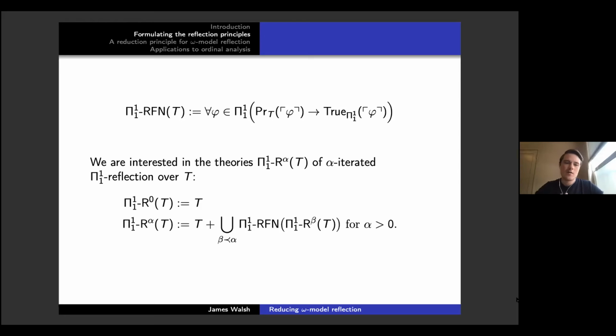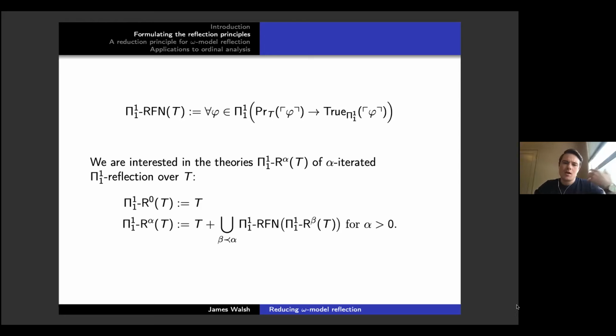That's the idea. Now, to formalize this, you need to be a little bit careful. So notice that on the right-hand side of the second equation, I have pi11 reflection applied to what? Well, applied to beta iterated reflection, it says. But pi11 reflection cannot really be appended to a theory, as it were, directly, but only through a presentation of the theory.